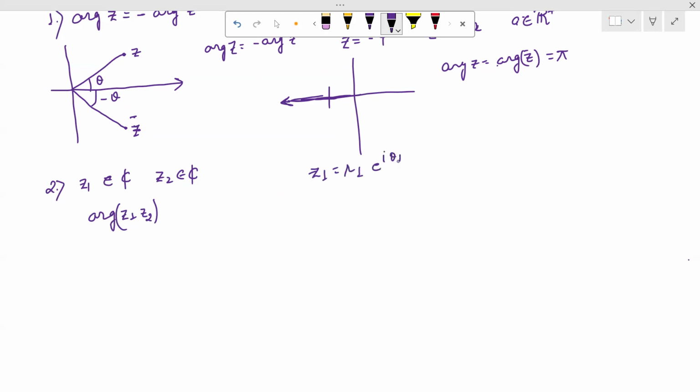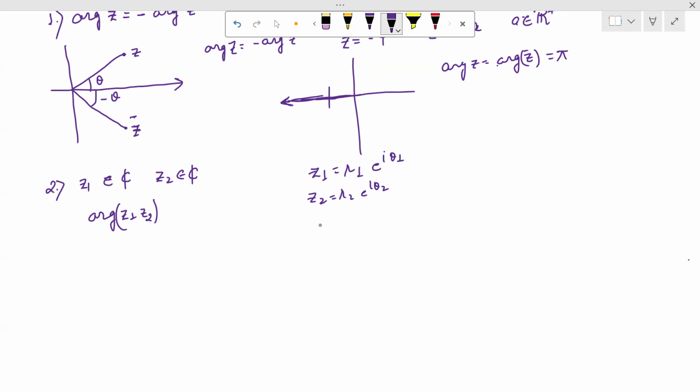I can write Z1 is equal to R1 e to the power i theta 1, and similarly Z2 is equal to R2 e to the power i theta 2. I'm expressing both Z1 and Z2 in the polar representation. This makes our task a little bit easy.